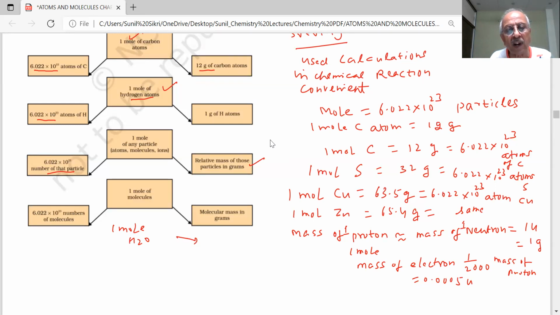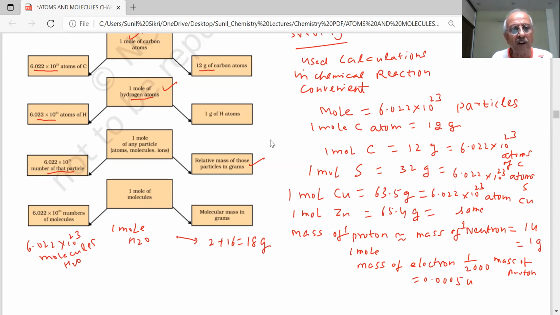Tell me. How much is it? 2 plus 16, 18 grams. And how many particles are there? 6.02 into 10 power 23 molecules of H2O.